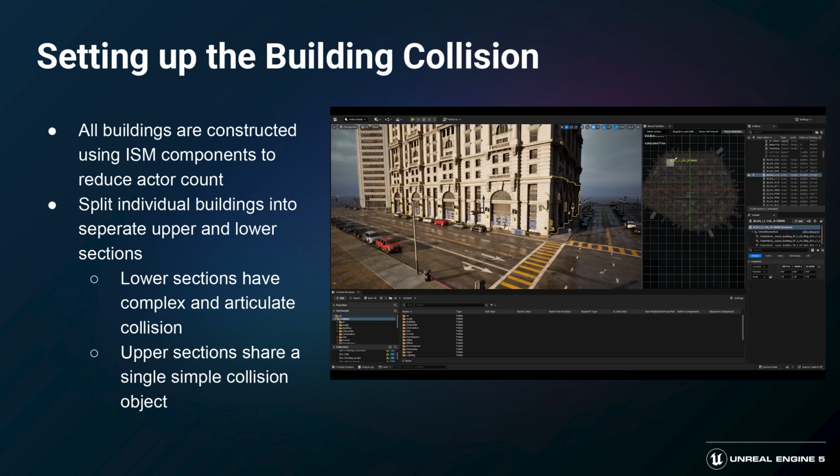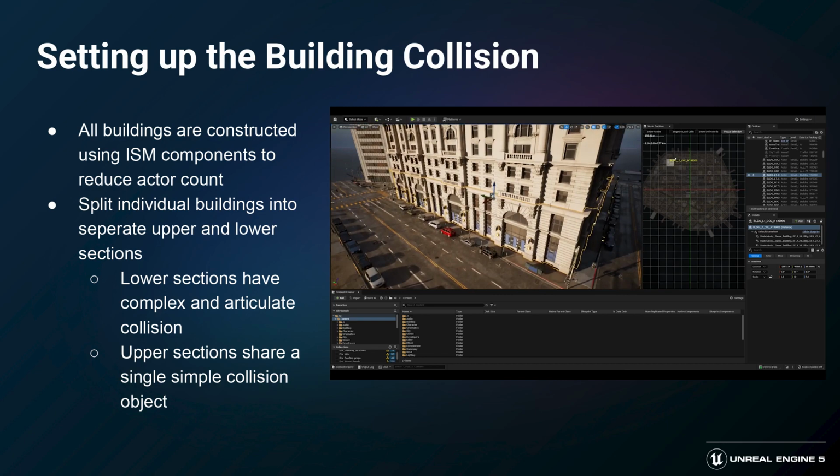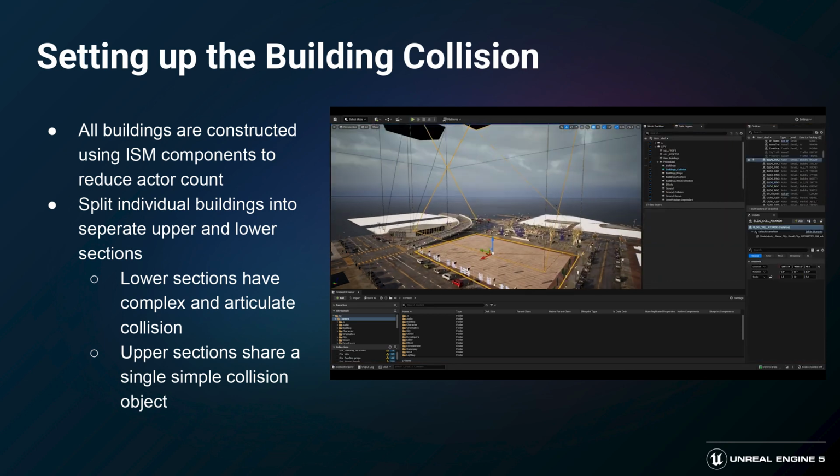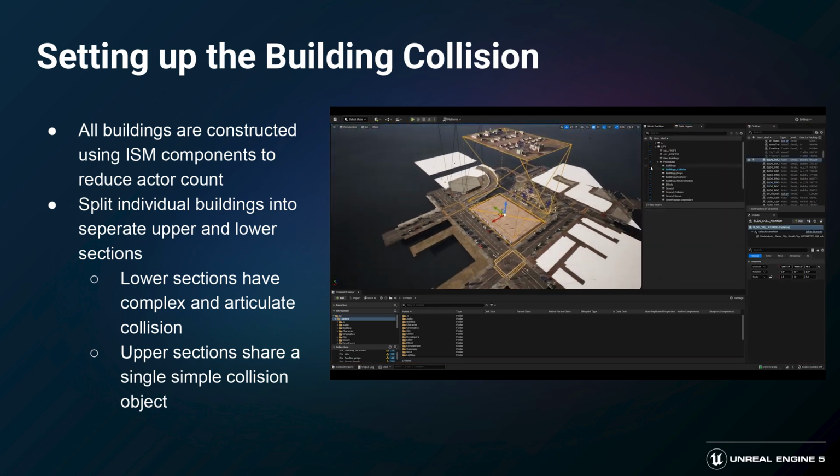We did split all the buildings into upper and lower sections to improve collision. The lower ground section of a building uses articulate collision objects per building module to allow for detailed collision. This allows players to walk into recessed entrances of buildings and also walk through covered hallways and corridors.